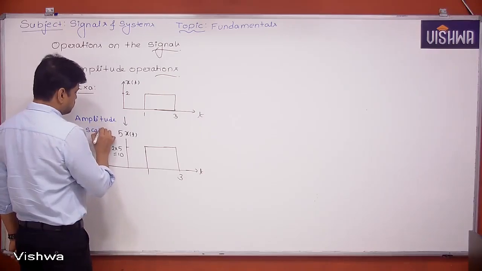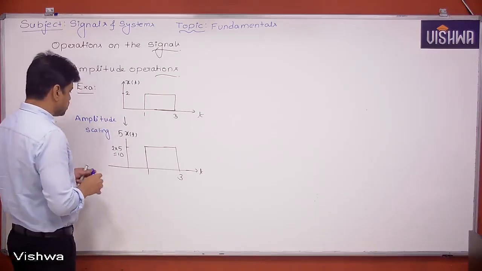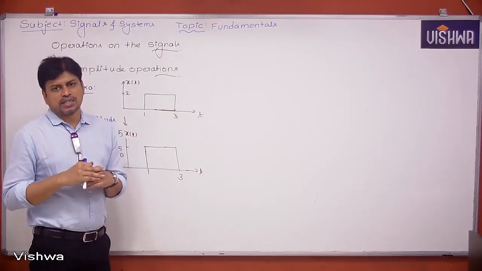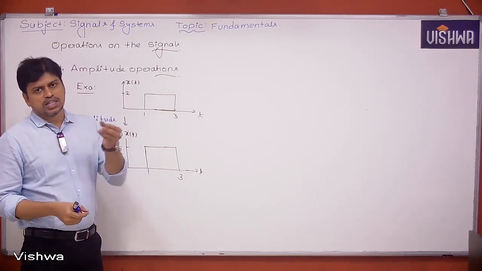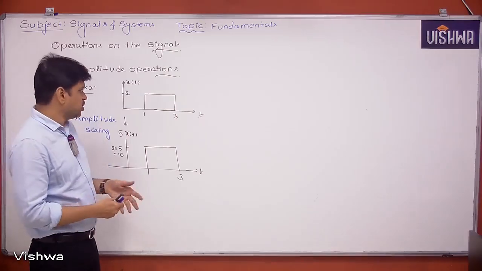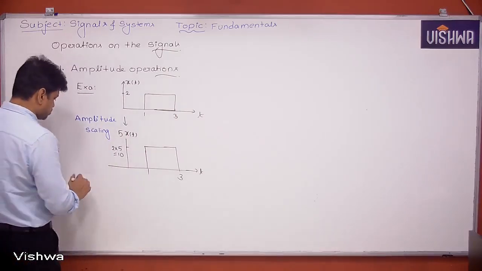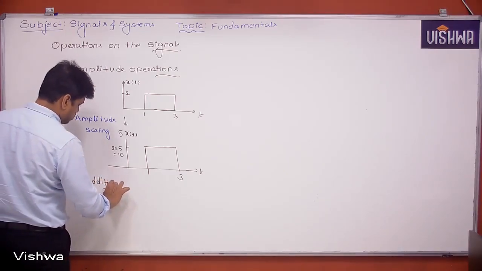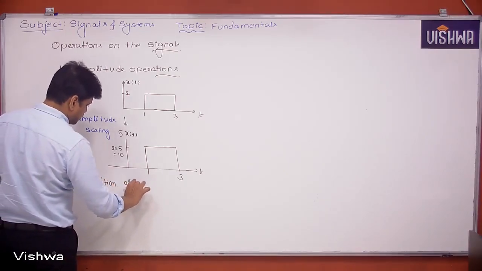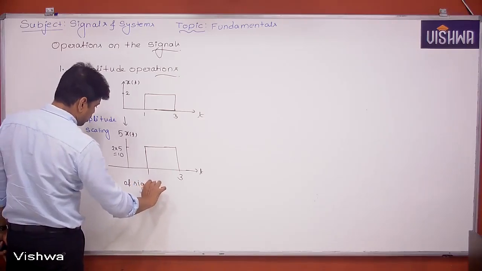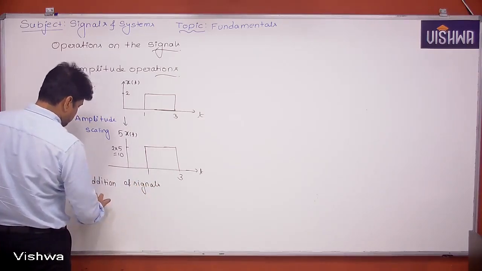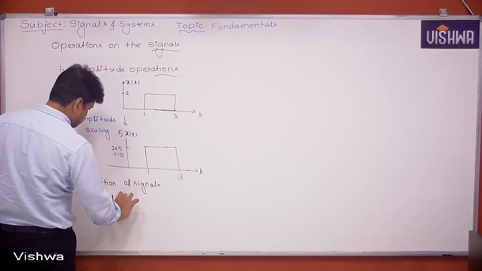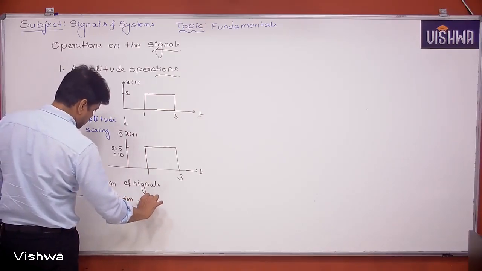Amplitude scaling. Some more examples, like addition of two signals. Suppose you take two signals, then how can you add them? We have to add at each and every instant the amplitudes we are having. So addition of signals is also an amplitude operation. Multiplication of signals.